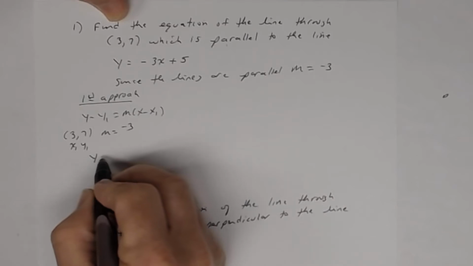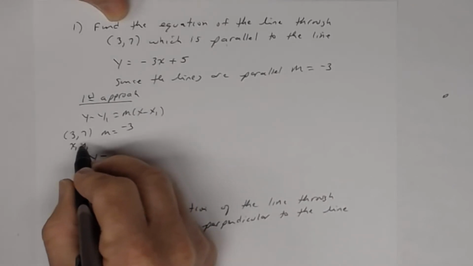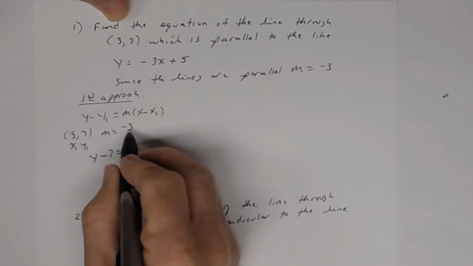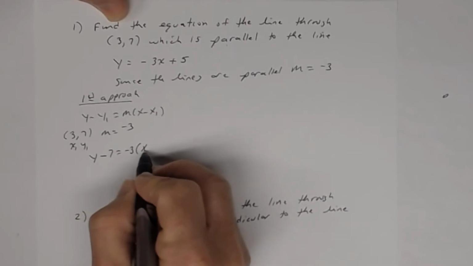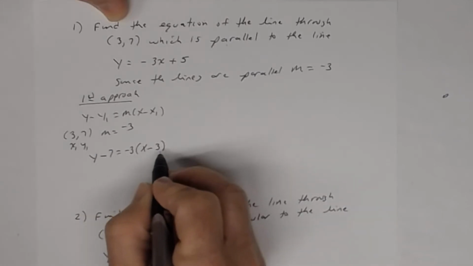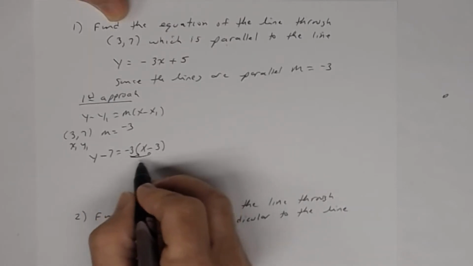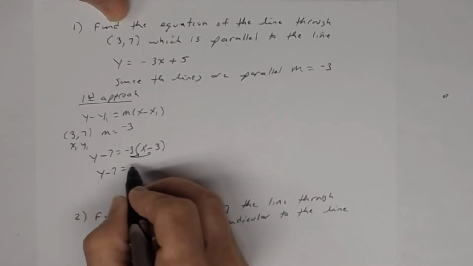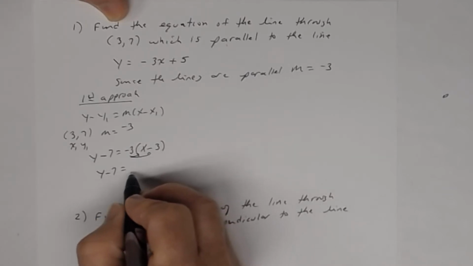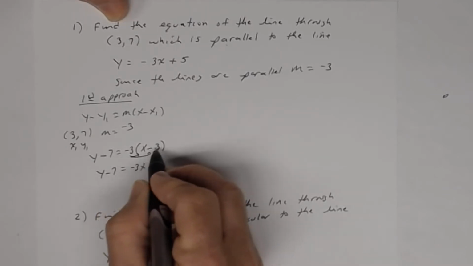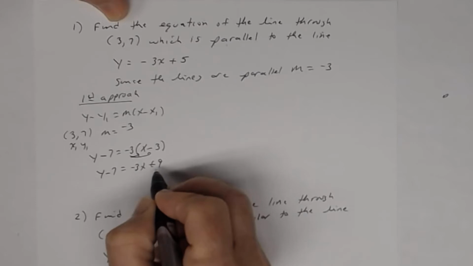And all you do is just substitute. So we get y minus y1, which is 7, equals the slope, which is -3, times x minus x1, which is 3. And then all you do is get y by itself. So we're going to go ahead and distribute. So I get y minus 7 equals -3 times x is -3x. -3 times -9 is +9.